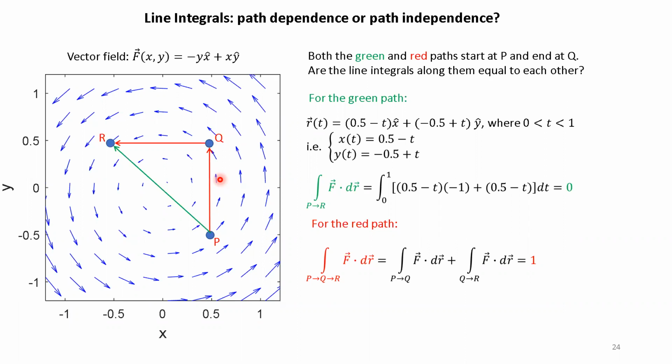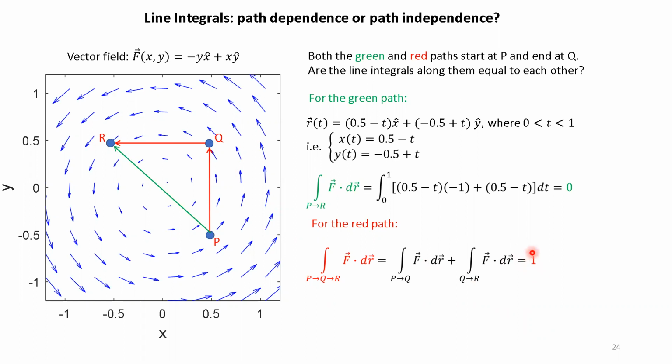Also when I go from Q to R, going to the left, you can see the vectors nearby are pointing to the left, they all have a negative x component. That's why again the vector field is helping you go from Q to R. So at the end you get positive work done.